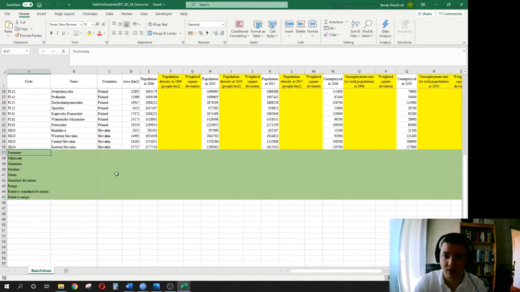But before that we just calculate some basic and simple indicators for the variables, because these indicators and values are necessary for the calculation of the relative standard deviation and relative range.